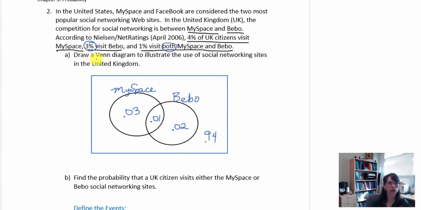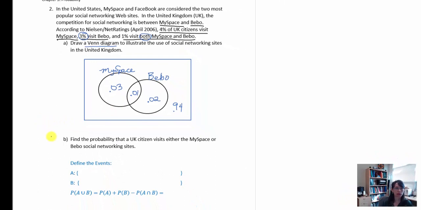So we have completed drawing the Venn diagram to illustrate the use of social networking sites. For part B, we want to find the probability that a UK citizen visits either the MySpace or Bebo social networking sites. The word "or" is a clue. If we're looking for MySpace or Bebo, that means we are looking for the union of those events.